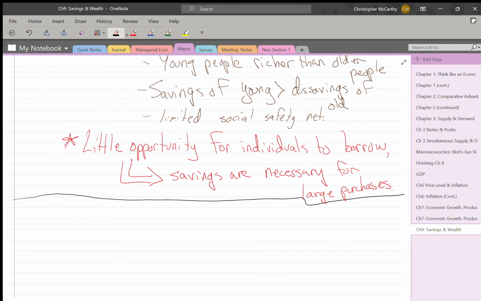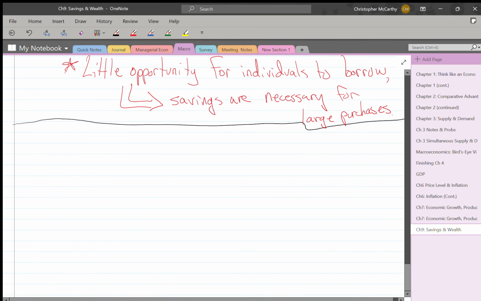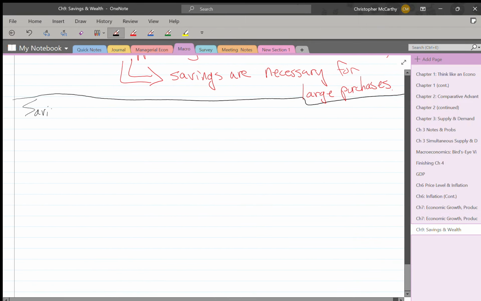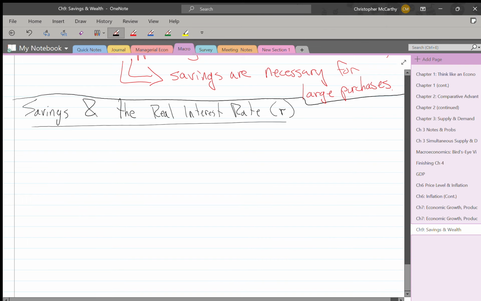All right, so how does this all tie together with financial markets? So savings and the real interest rate.